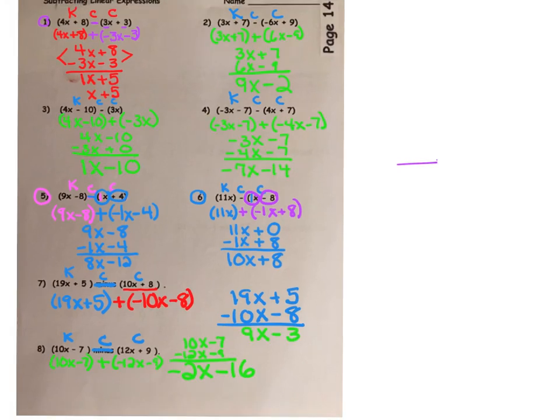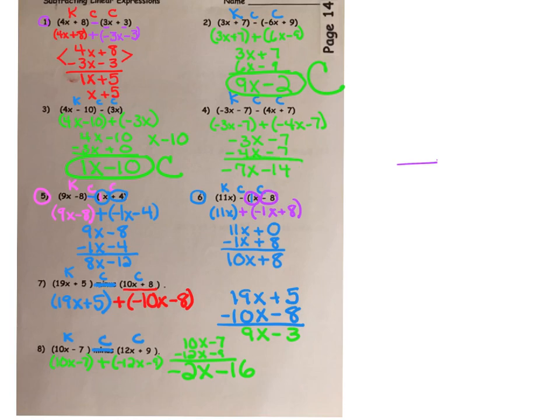Let's check your work. For number 2, give yourself a C if you have 9x minus 2. For number 3, give yourself a C if you have 1x minus 10, or just x minus 10.